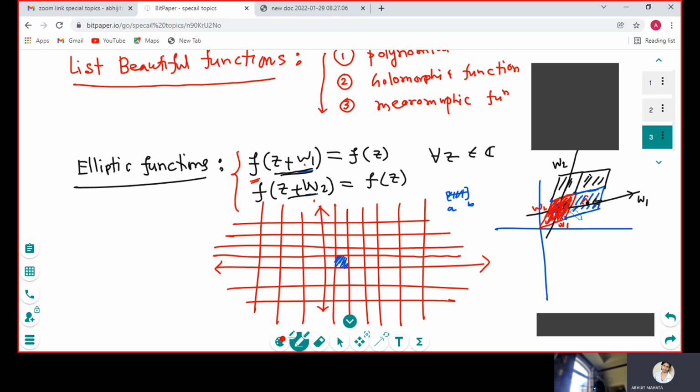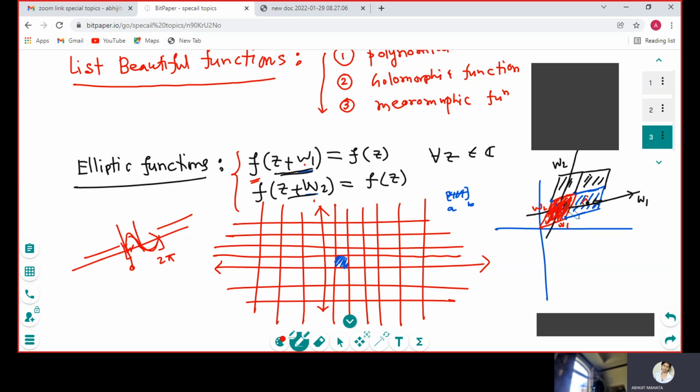You understand the concept? When we define a periodic function for the line, we only took, for example, 0 to 2 pi. If you know the functional value, for example, sin x, then it is defined like this, right? And this part you just shift to this side and this side, and you get the graph on the whole real line.